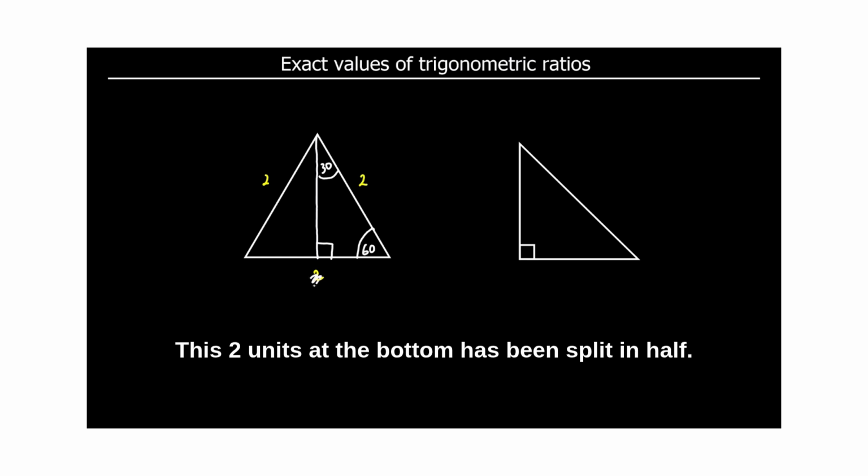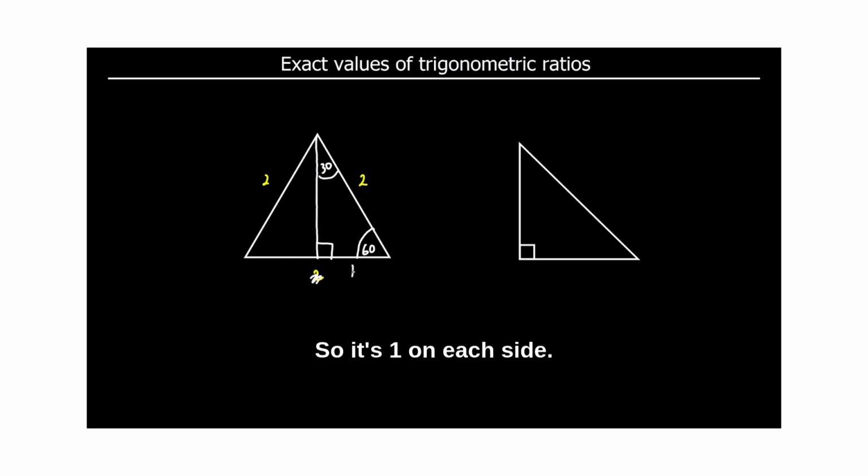This 2 units at the bottom has been split in half, so it's 1 on each side. So now we know the hypotenuse is 2. We've got one length here, which is 1. And we can find this missing length using Pythagoras. So a squared plus b squared equals c squared.